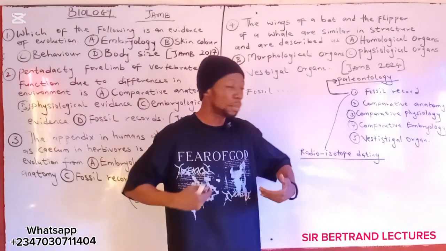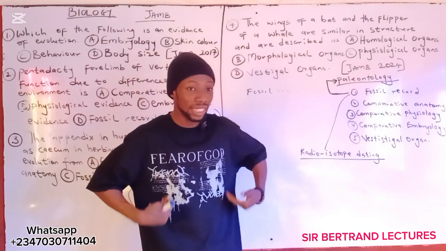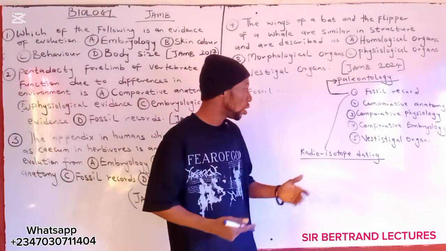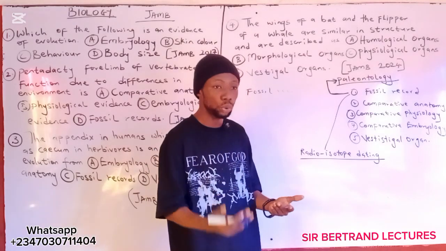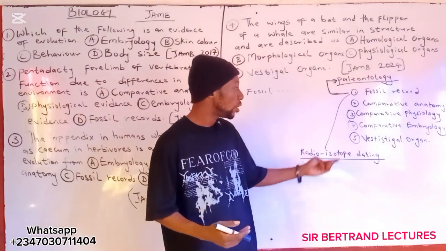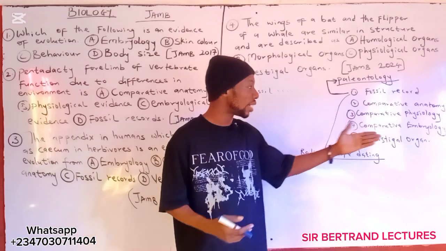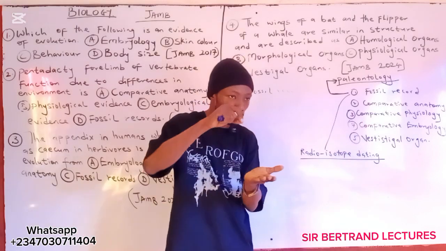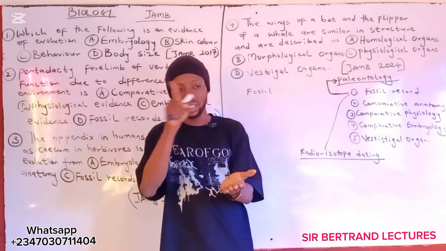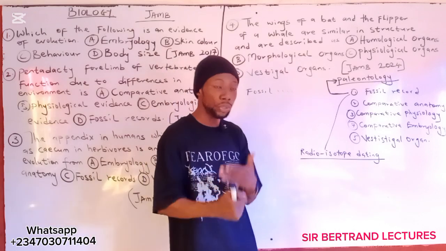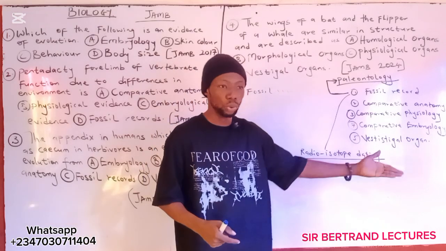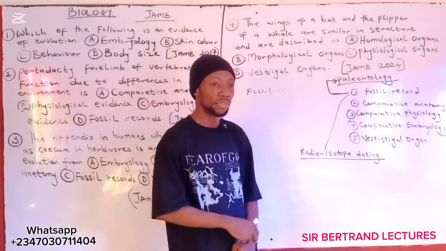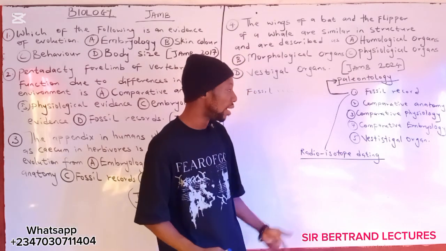All right, and they possess gill slits, which look like that of fish, before they later change into the form of toad and reptiles. All right, so it's one of the evidence that shows that human beings evolved from the simplest organism to the complex organism, showing you that there was a time human beings were like fish, toad, and reptiles before they now evolve to the state they are today.